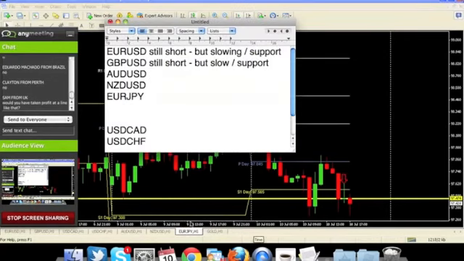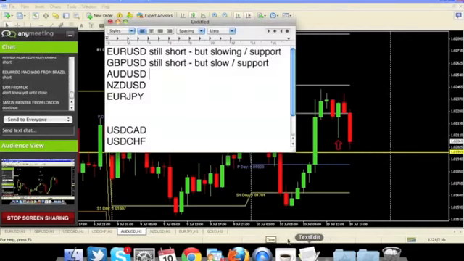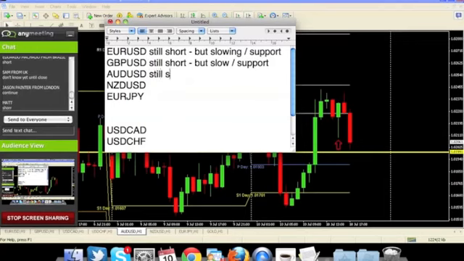Moving on forward, we were looking at Aussie dollar. Sorry about that. We're looking at Aussie dollar. Is this an exhaustion? Or is this a pattern that you think the market will continue short? Okay, good. Okay, it looks still short.